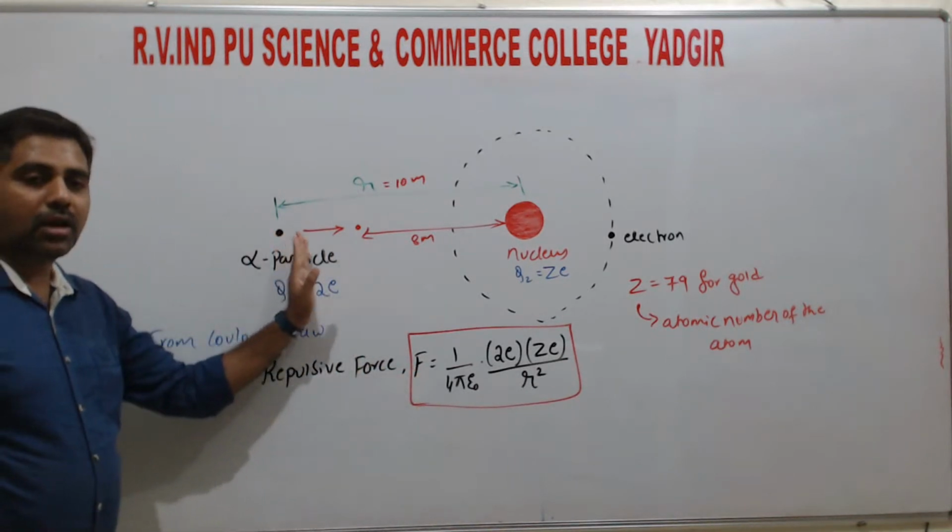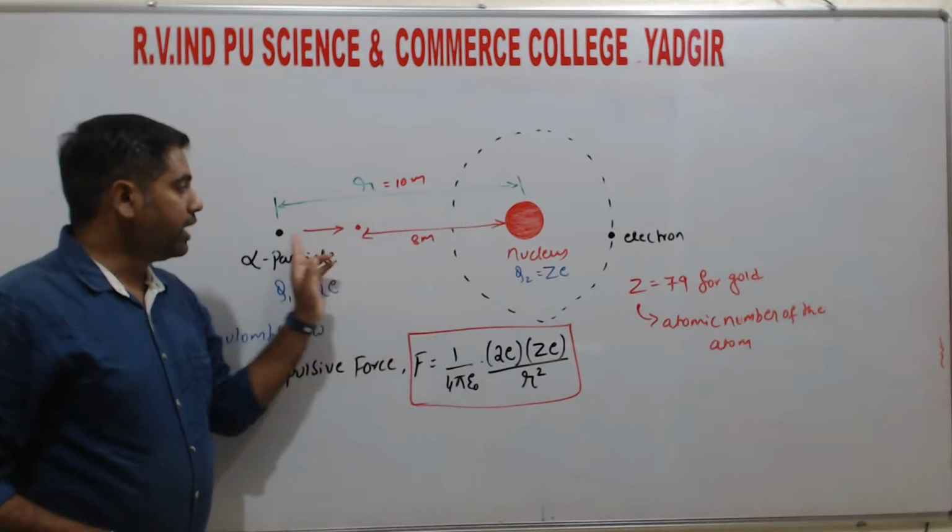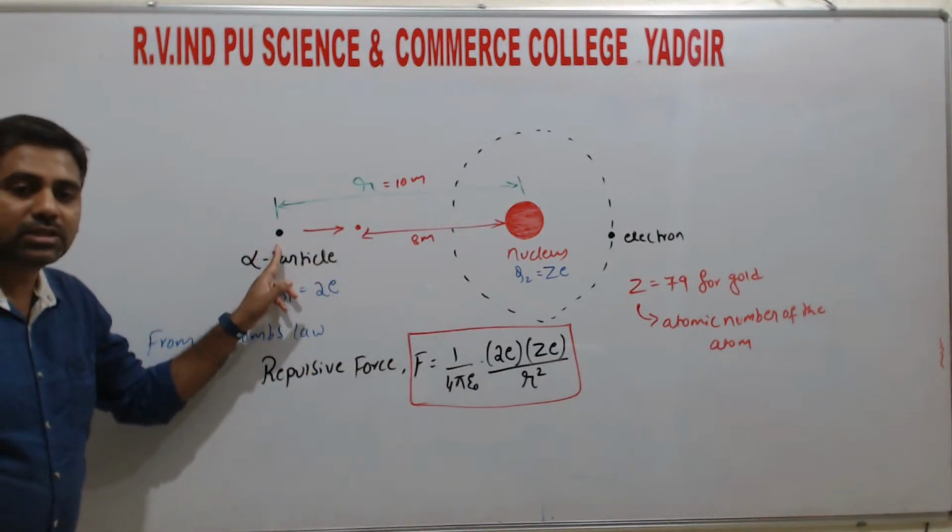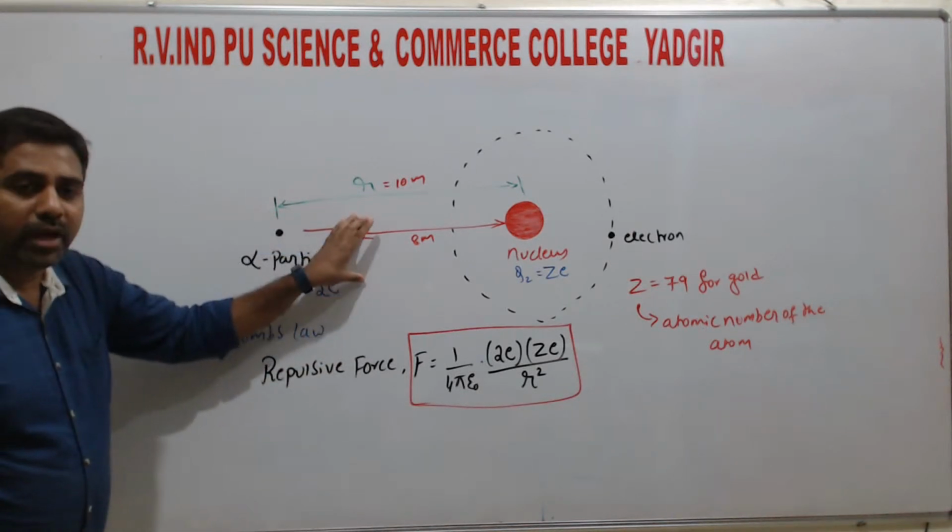So as the alpha particle approaches near to the nucleus, its magnitude and direction are continuously varying, because it's a moving particle.